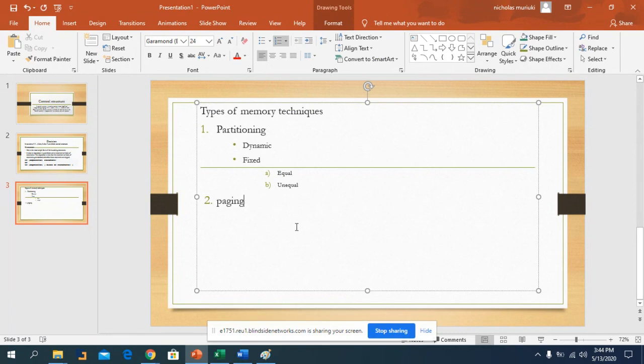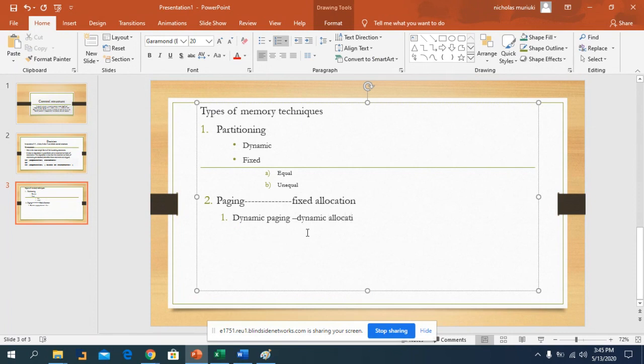In paging, we can talk about dynamic paging. Because it is a sub of paging, where in many cases we say paging uses fixed allocation, but this one uses dynamic.